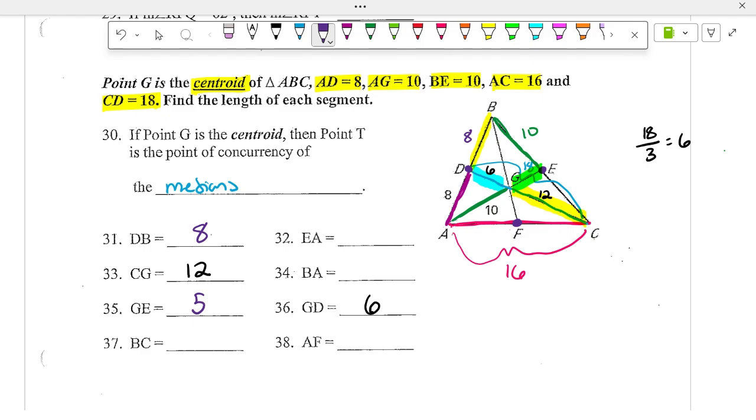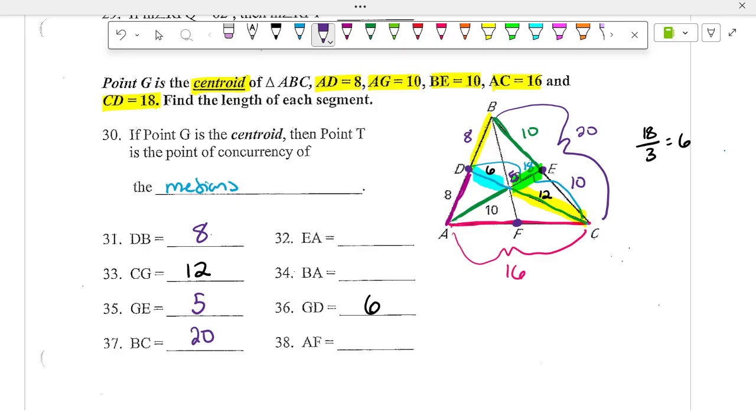All right. BC. What's the length of BC, do you think? Don't we have a piece of one side of the midpoint? 20. Because this other side should be 10. So BC's 20. EA. We can just add.